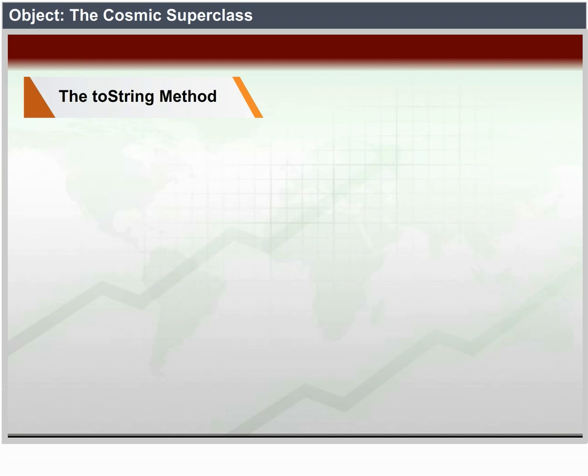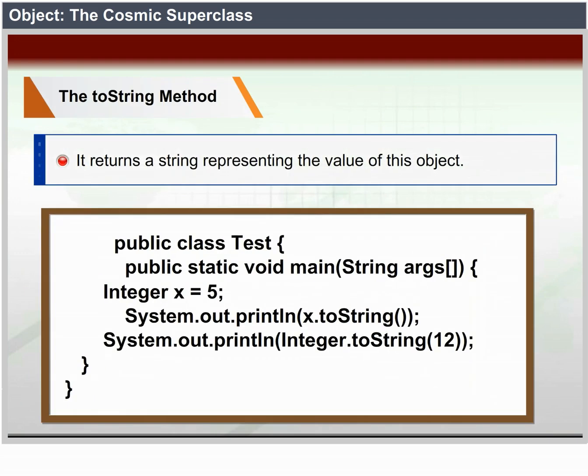The toString method. It returns a string representing the value of this object.